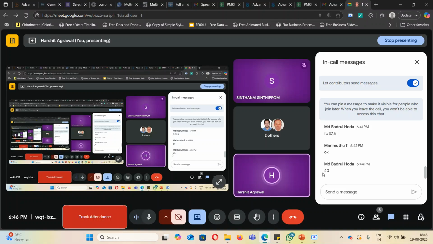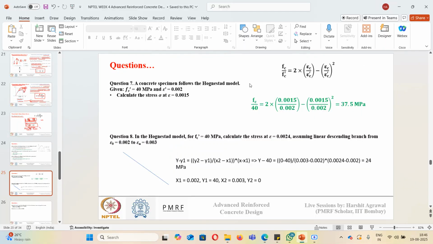40 is the ultimate stress, the peak. After that there will be a linear decreasing profile, so stress will be lower at a higher strain value. We assume in the Hognestad model that there is a linear descending profile, so I represented that profile as a linear equation joining 2 points.